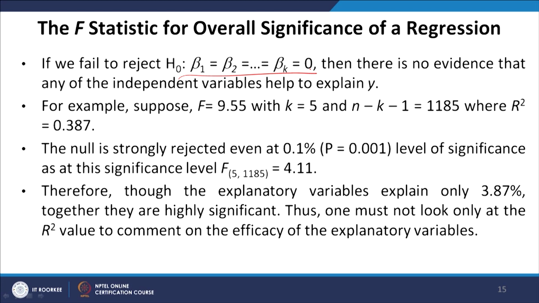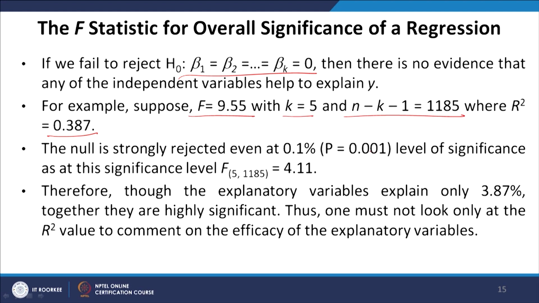For example, suppose F is equal to 9.55 with k equals 5, n minus k minus 1 equals 1185, and where we obtain the R square as 0.387. The null is strongly rejected even at 0.1%.